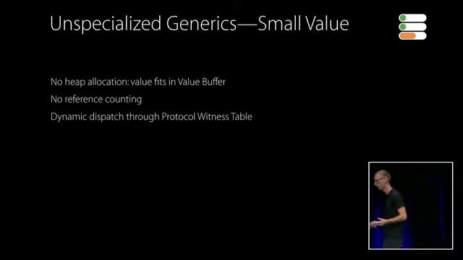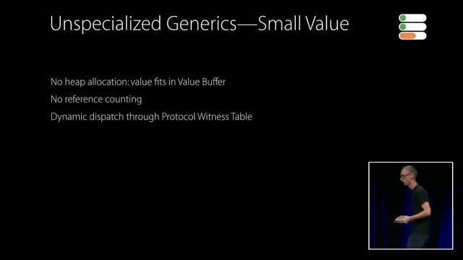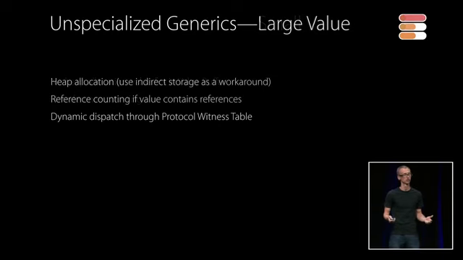Okay, so we've seen during this talk today what the performance characteristics of structs and classes look like, how generic code works, and how protocol types work. What can we take away from this? Oh, there you go. I forgot the punchline.